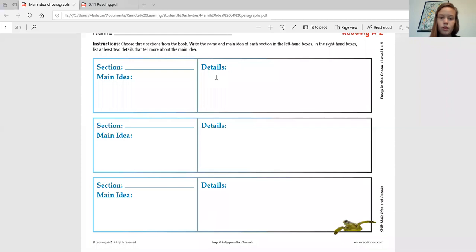The section was gorilla families. The main idea was that gorillas live with their families. We have one of the details being gorillas play and groom one another.